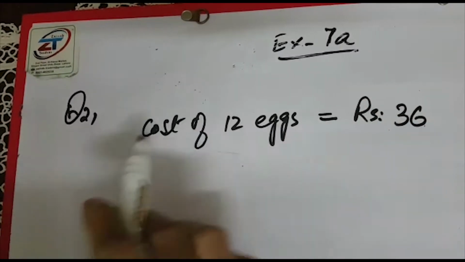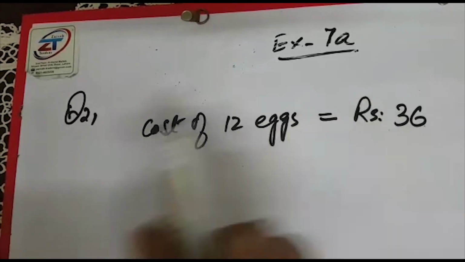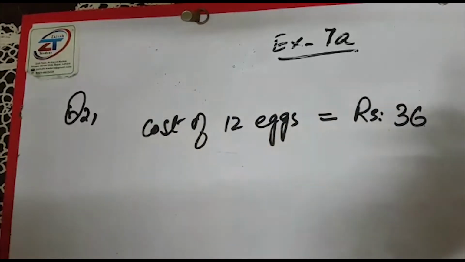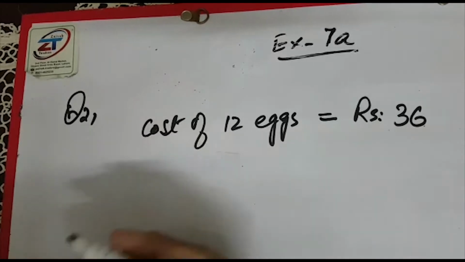So mostly in the first sentence you show all the things that are given to you. So cost of 12 is given, rupees 36.